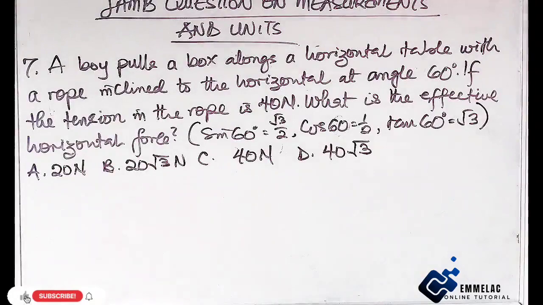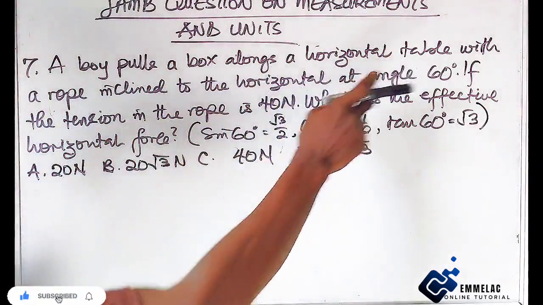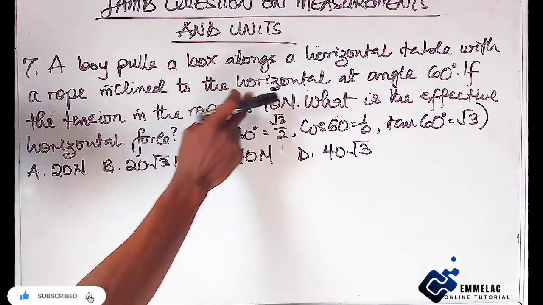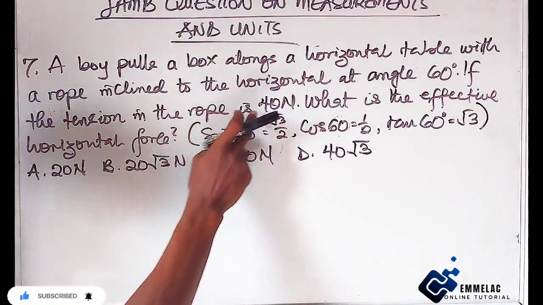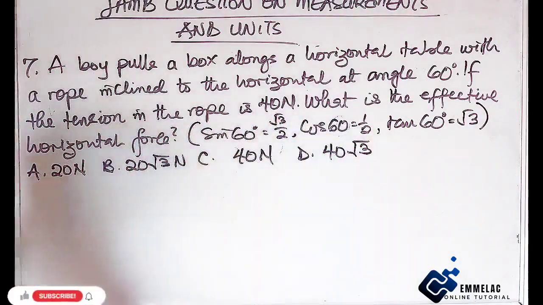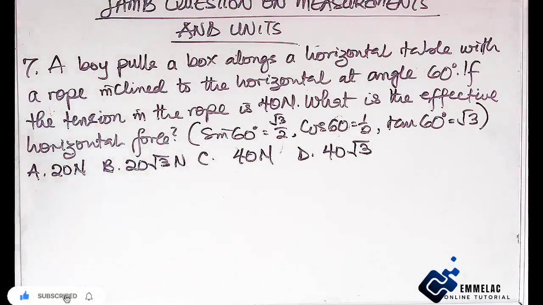Alright, for the seventh one, a boy pulls a box along a horizontal table with a rope inclined to the horizontal at an angle of 60 degrees. Now if the tension in the rope is 40 Newton, what is the effective horizontal force? We are given trigonometric ratios to make use of, which implies that you shouldn't use a calculator.